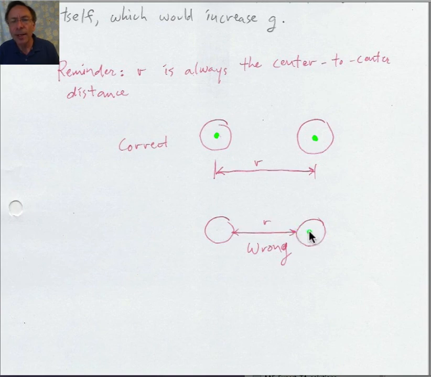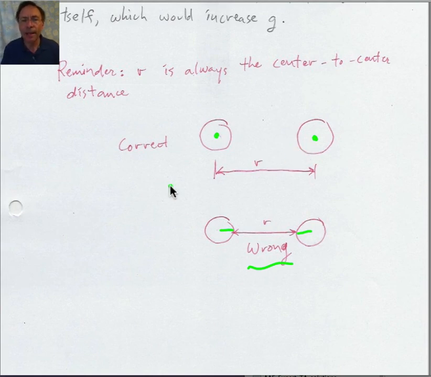So if you're not careful, you're going to leave out this amount of distance and maybe this amount of distance. So don't mess up. If it's the surface to surface distance that you use, that would be wrong. It's the center to center distance.